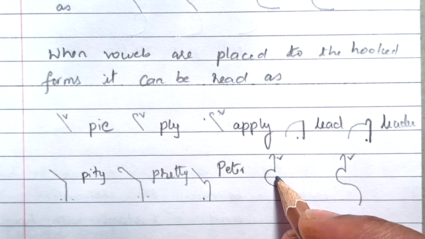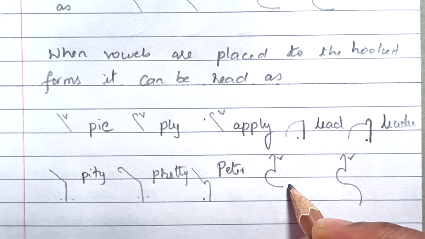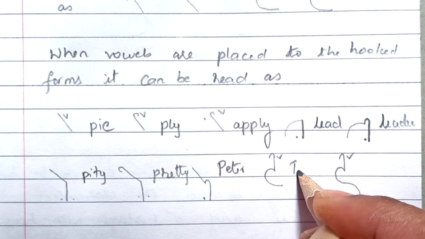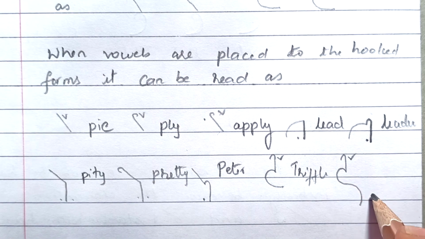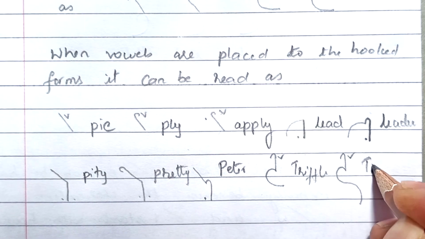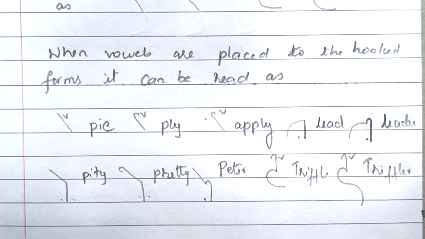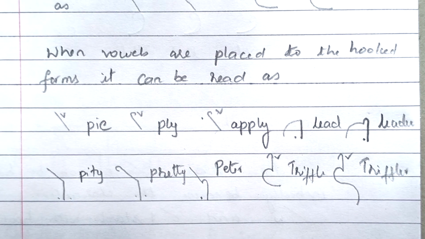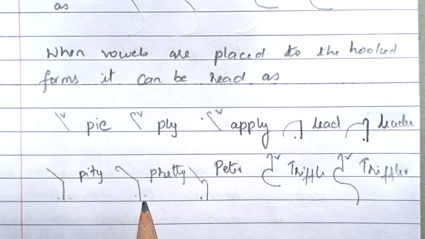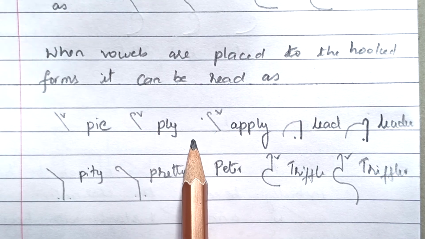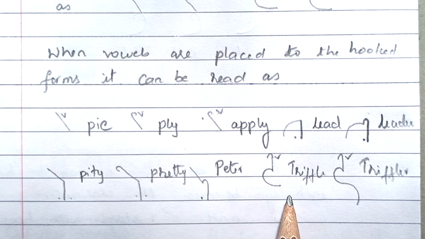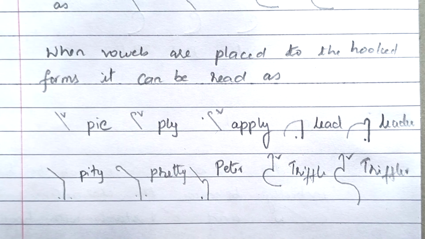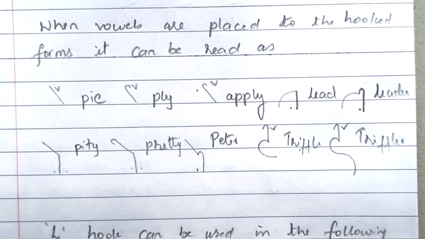Trifle. Here we have a large hook, so we say it as trifle. This is trifler, T-R-I-F-F-L-E-R. So in this way, we can use this R and L hook both for the straight as well as the curved consonants to make a word.